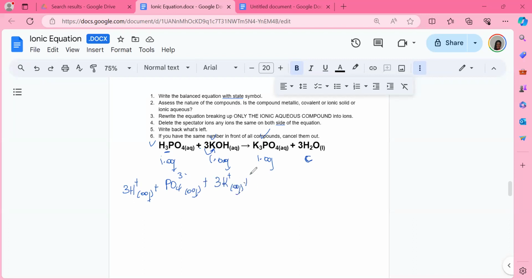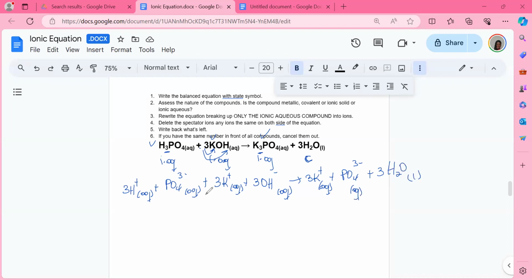So it's 3K plus. 3 multiplied by the 1 hydroxide means I have 3 hydroxide ions. And 3 here means I have 3 potassium ions. The 3 goes in front of the potassium ion. I have 1 phosphate ion. And I have 3 water that I will write back because water is covalent.